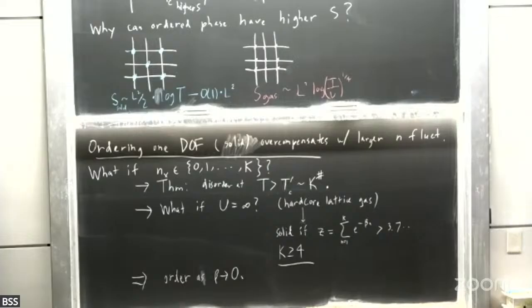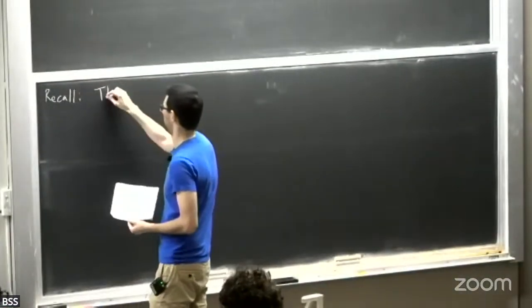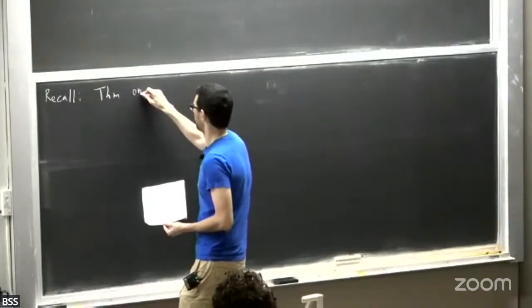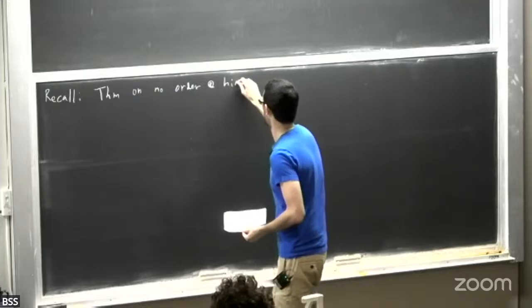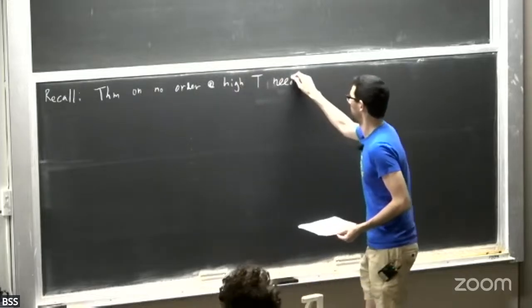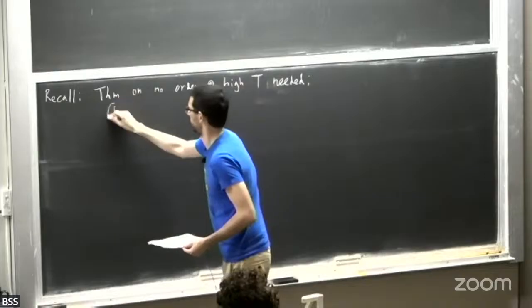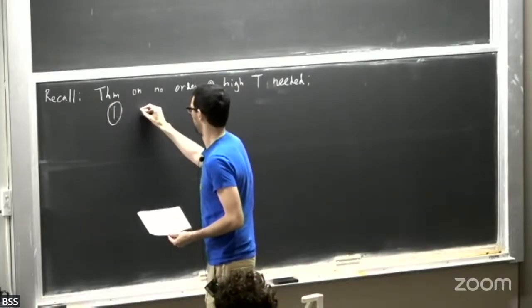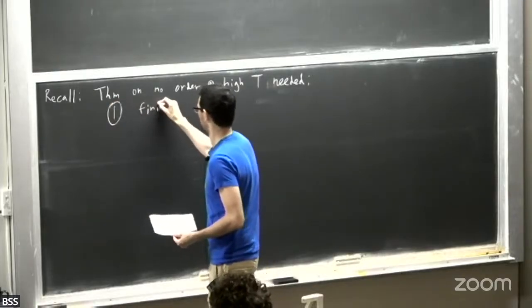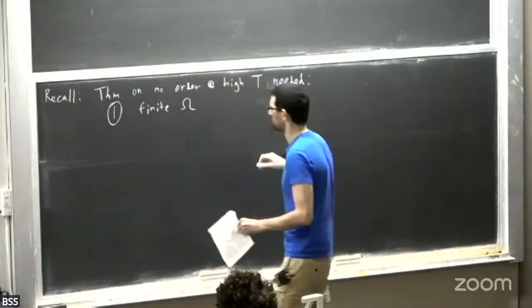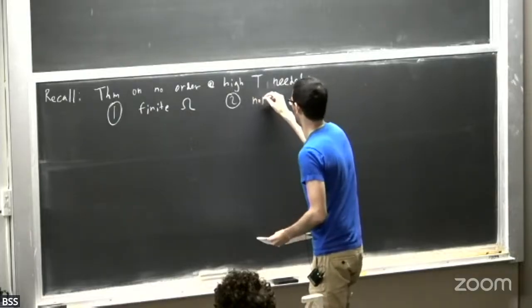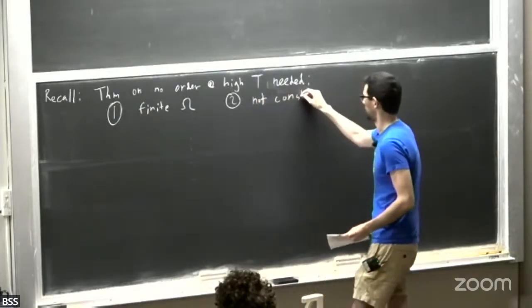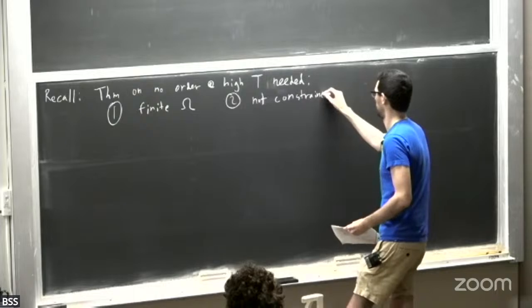So let me just spell that out explicitly. The theorem on no order at high temperature needed, firstly, that we had, let me just say, finite configuration space, and we also needed this unconstrained omega.